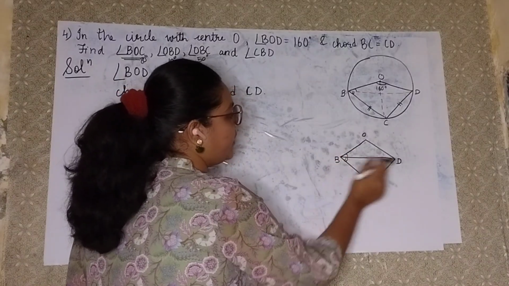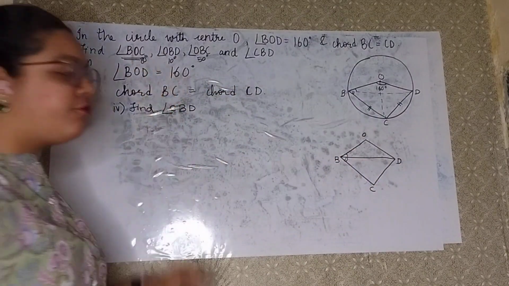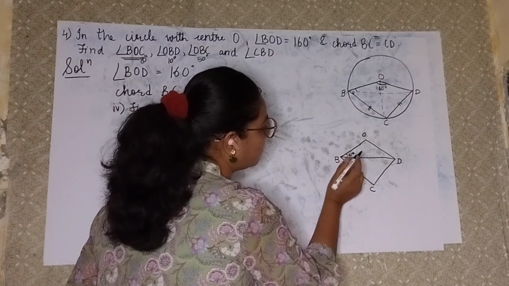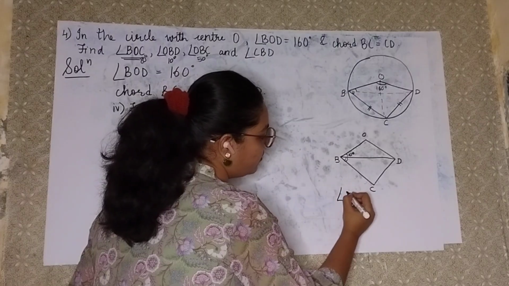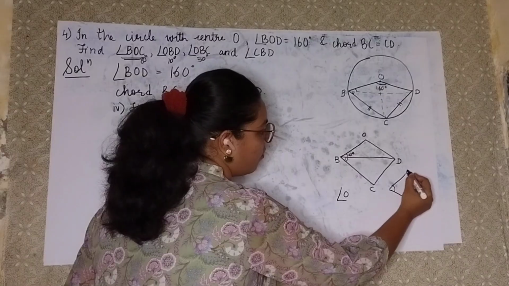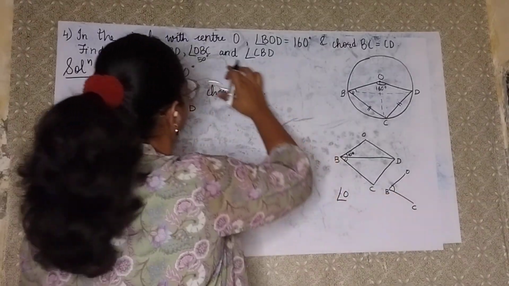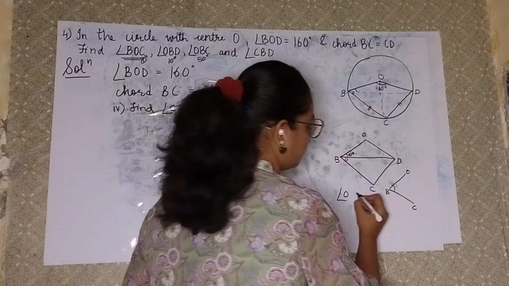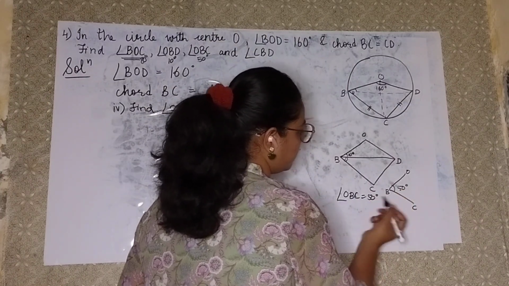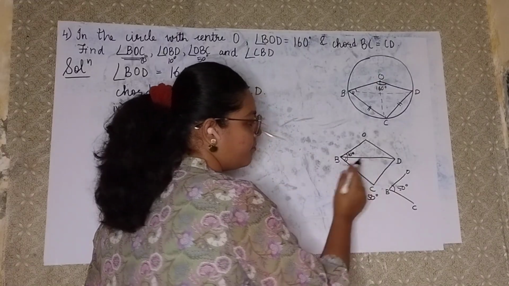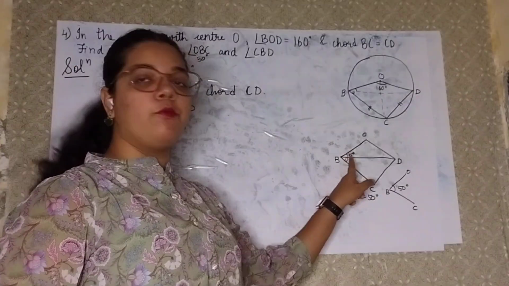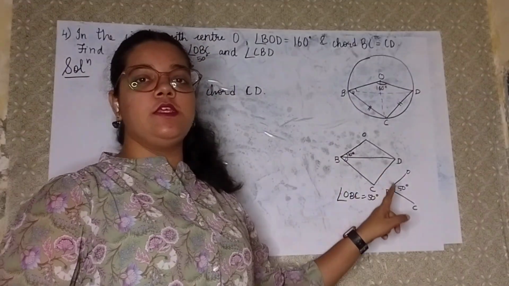Here we have got OBD as 10 degrees, and the whole angle, that is this part, angle OBC, we got as 50 degrees. If I have this whole part 50 and I have this small part 10, then I can deduct both angles and I can get CBD easily.